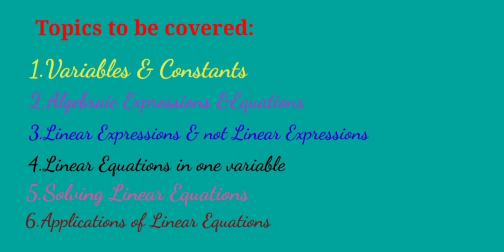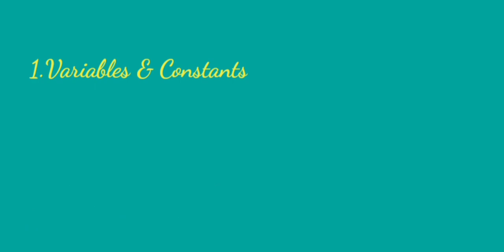In the next point, we will understand how to solve a linear equation having the variable only on one side or on both sides. And the last topic is applications of linear equations, meaning what their actual use is in our life.